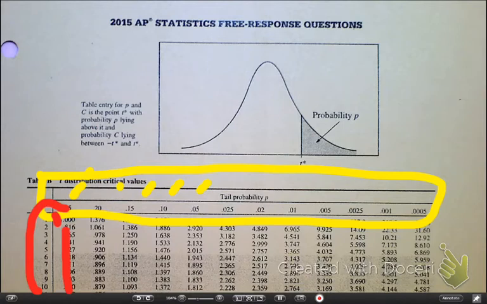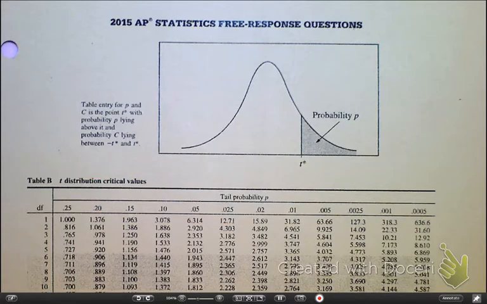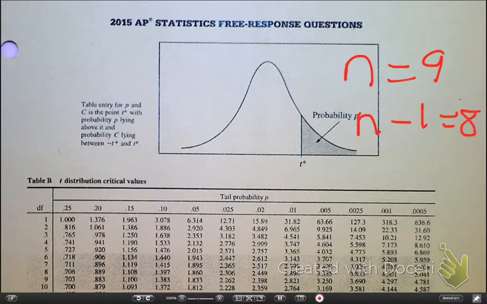So what that means is, as I wipe this clean, if I'm looking for a sample size that happens to be 9, and I have a degree of freedom, when n equals 9, what I have to look for is n minus 1, which is 8.